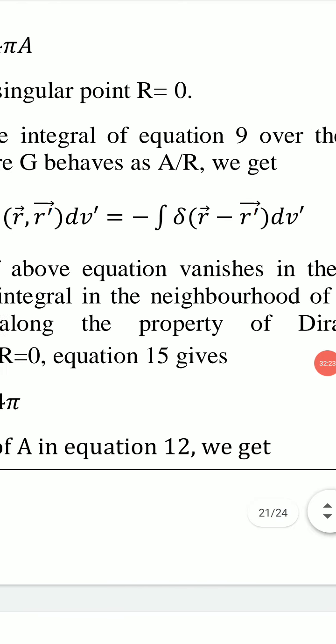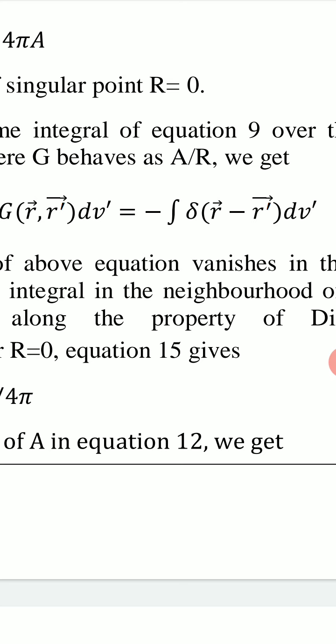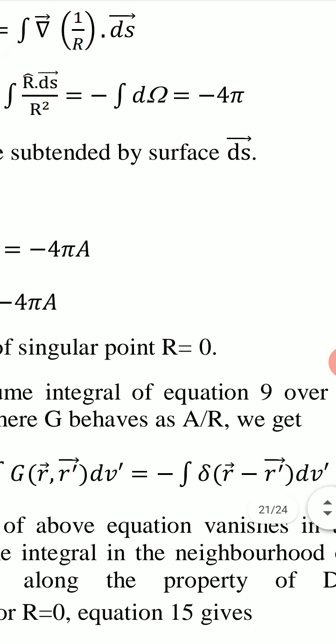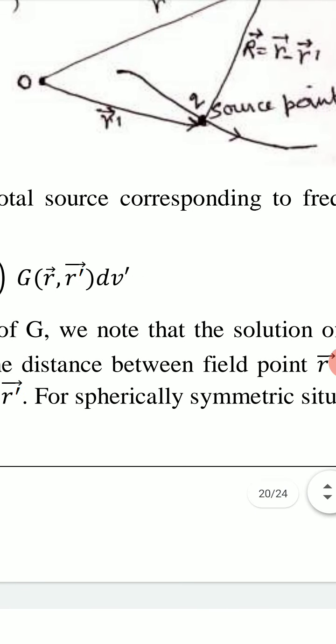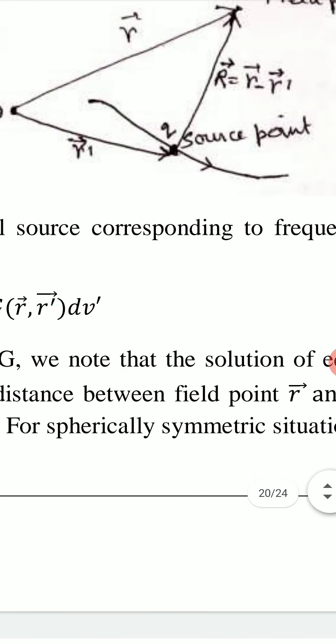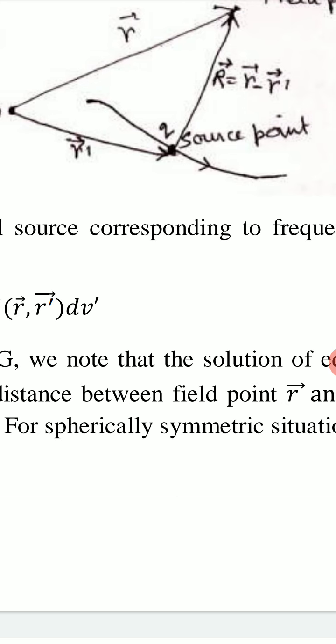Integral is for dv dash, and dash represents source point, because position vector of source point is r dash vector. So dv dash here is a small volume element near source point.